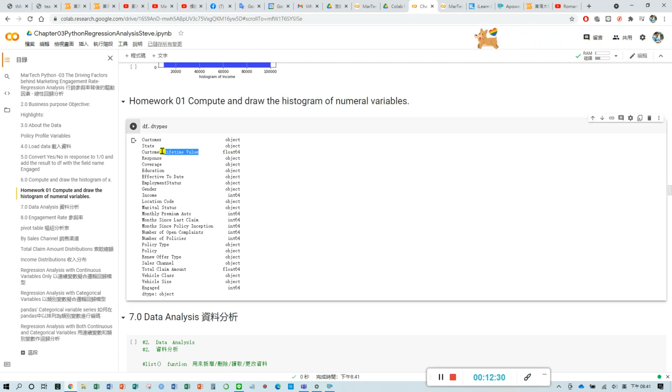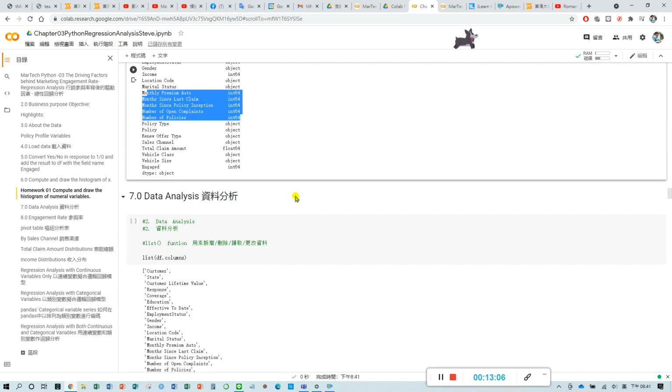You may find this one: customer lifetime value, income. We did this before. What else? Monthly premium auto, months since last claim, months since this one. Okay, so you may draw all the diagrams for numerical variables, the histograms. So you guys know the figure for each variable.